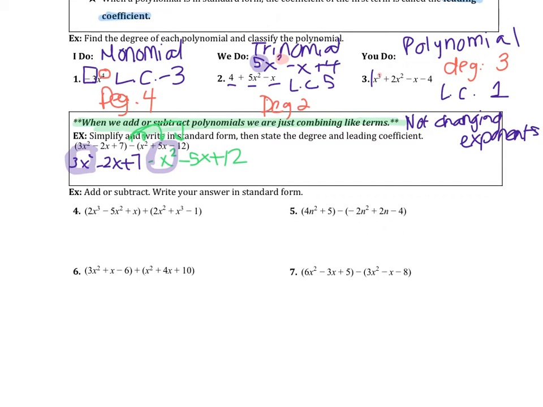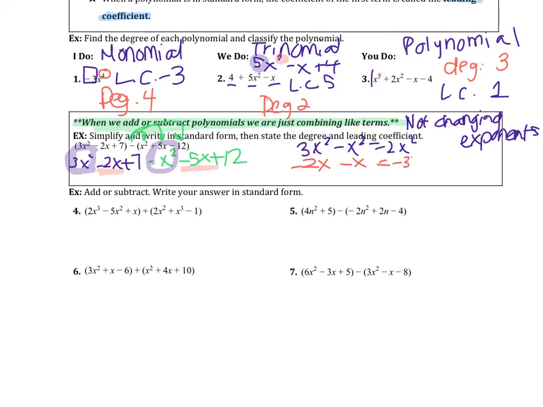If I combine 3x squared and negative x squared, I get 2x squared. So I'm counting. I had 3 of something. The something I had was x squared, and I'm taking one of that x squared away, so now I have 2 of them. Similarly, if I combine my x terms, negative 2x and negative 5x, I have negative 2 of something, and I lose another one.